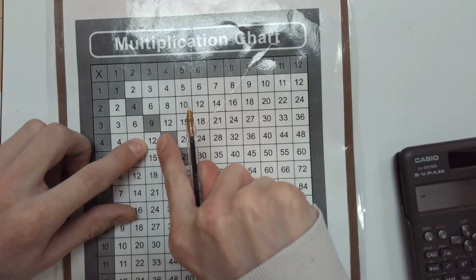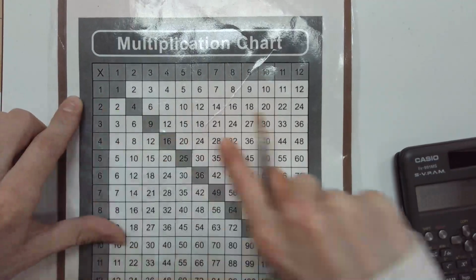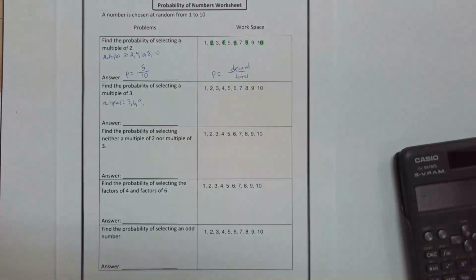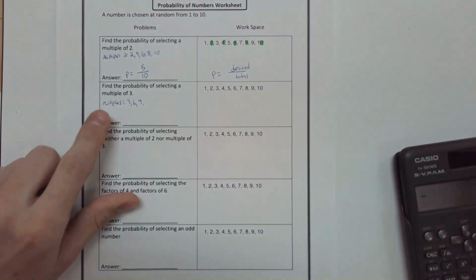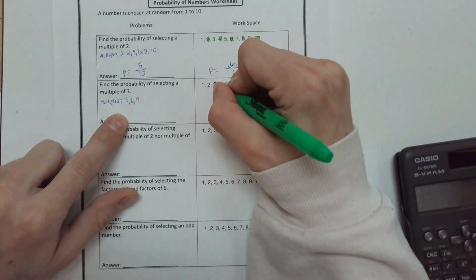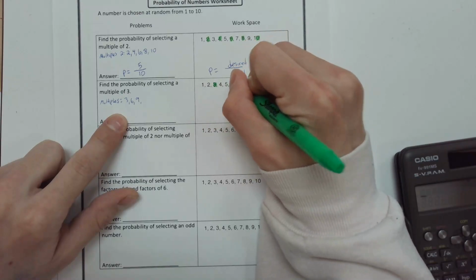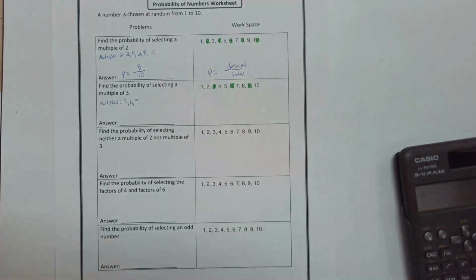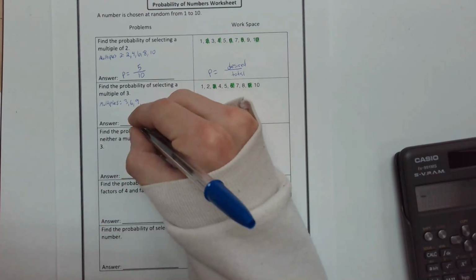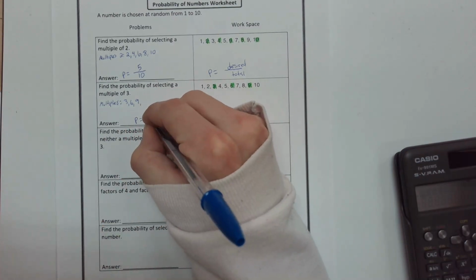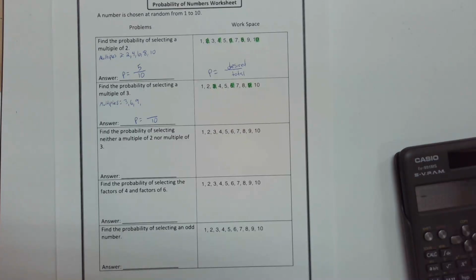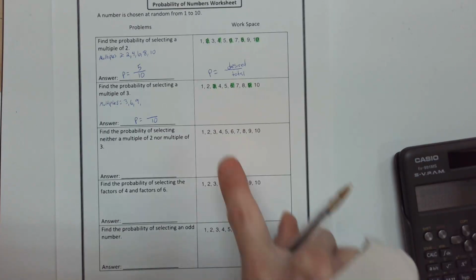Remember, our set is only up to 10, so we can cut it off here. Let's highlight our desired numbers. Now let's set up our equation. All right, let's count up our desired numbers. And we have 3/10.